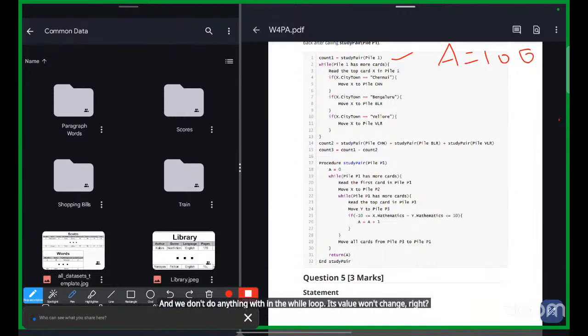So if we are initializing count 1 in line number 1 and we are not doing anything to count 1 in the while loop, how will its value change? It won't, right? Yes, sir. Is it clear now? Yes, sir, understood. Okay.